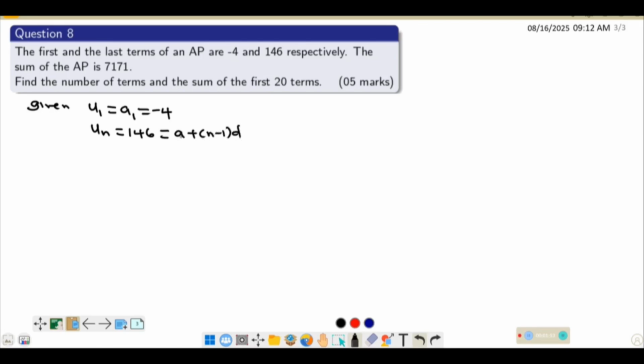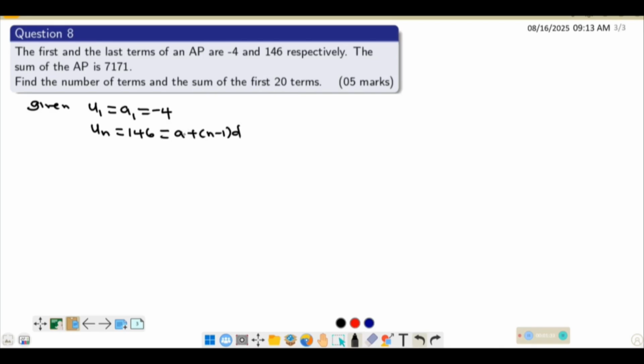So if you have a as your first term, n is the nth term. We are looking at the nth term being 146. So 146 is equal to a plus n minus 1 into d, where d is the common difference of an AP.